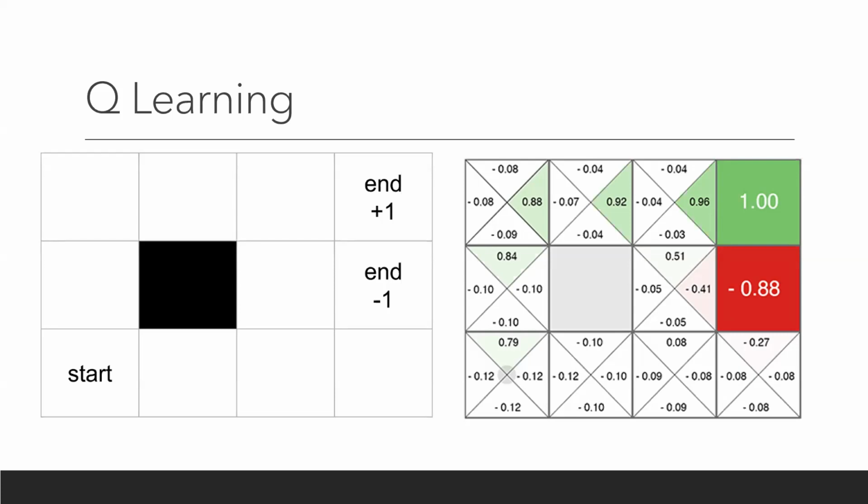Let's say that each square box has 4 actions: up, down, left, and right. So the agent can go from start up, or start to the right.